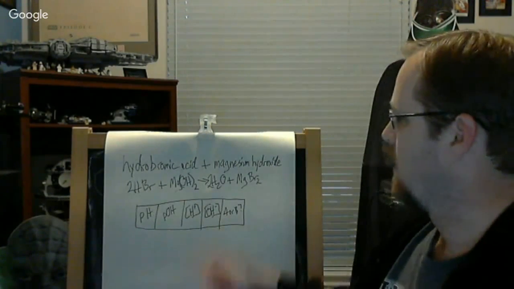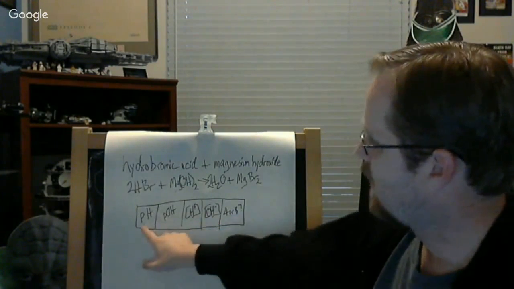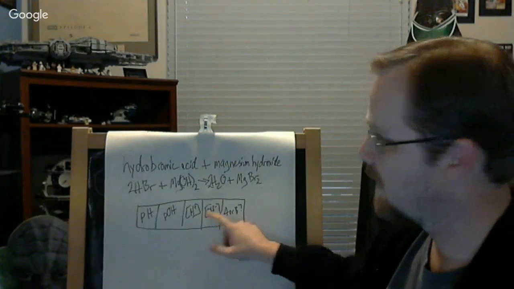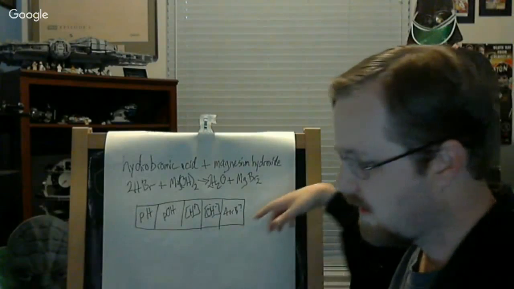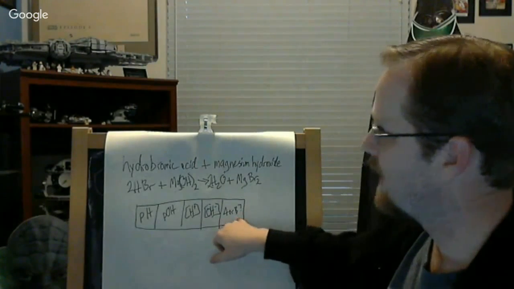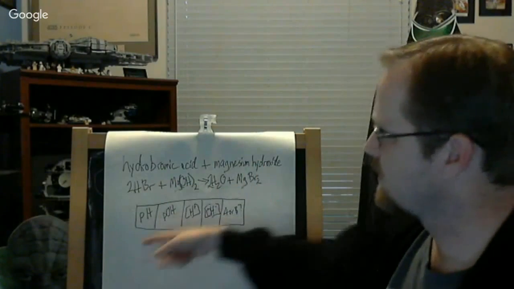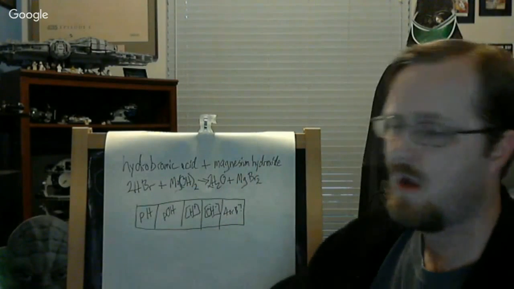Okay, so we'll give you one of these four values, and then you'll have to find the other three. And then at the end of it, you will have to find the acid or base. Okay, so there's something like that. So we got neutralization, we got pH calculations.